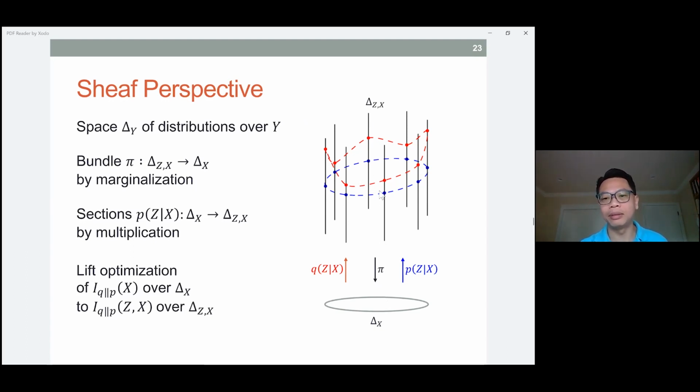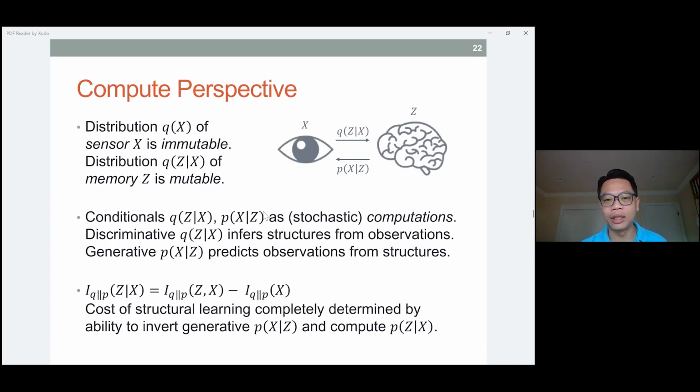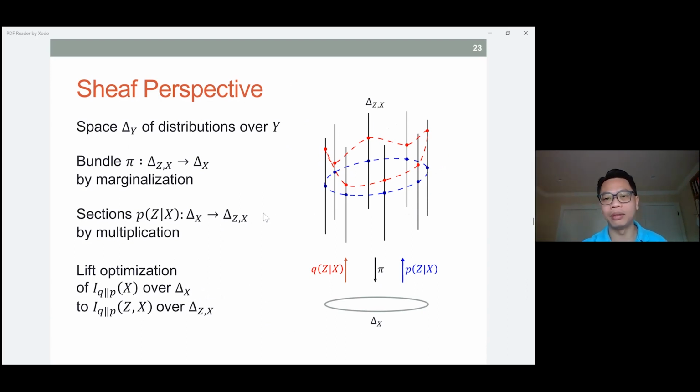This bundle acts by marginalization. So I marginalize out Z to get my distributions on the base space. And all these conditionals, the computations that I talked about over here, are sections of my bundle. They are mapped from the base space to the total space by multiplying by this conditional distribution. So P of X times P of Z given X gives me P of X and Z.